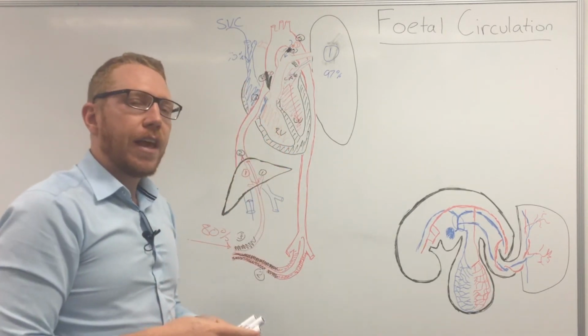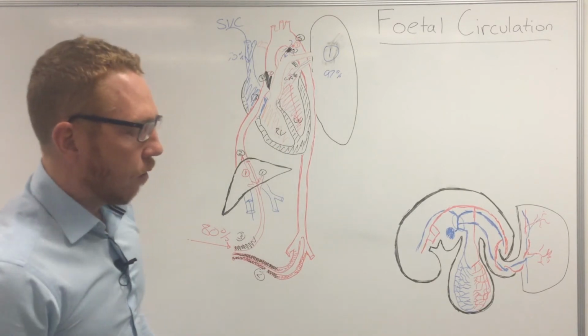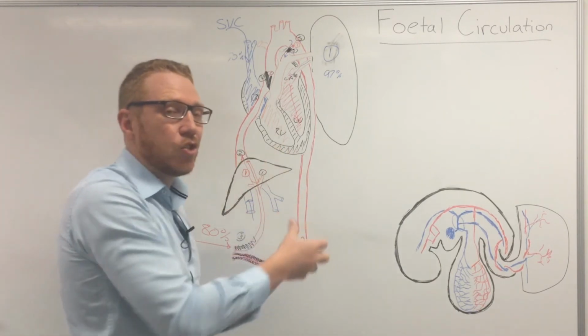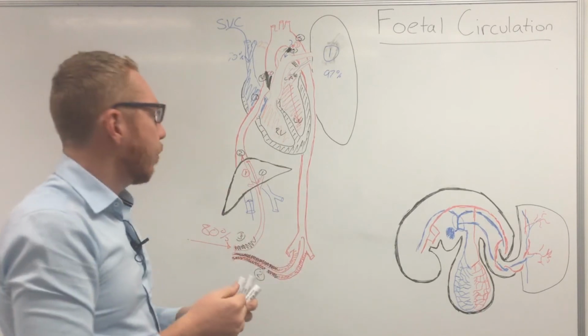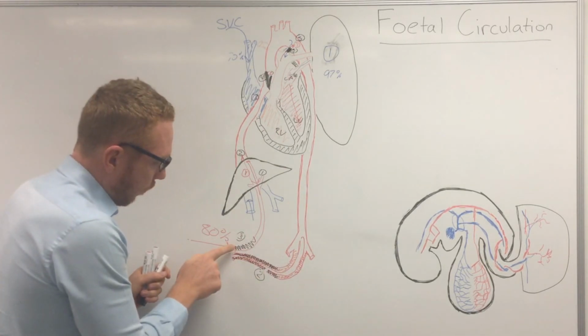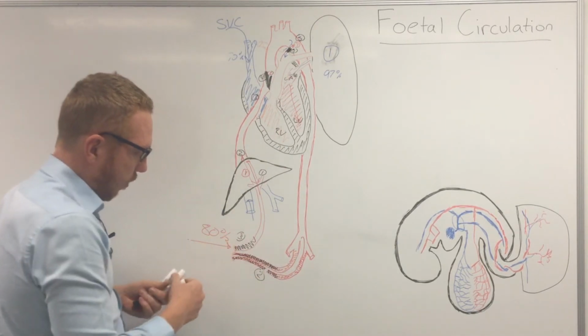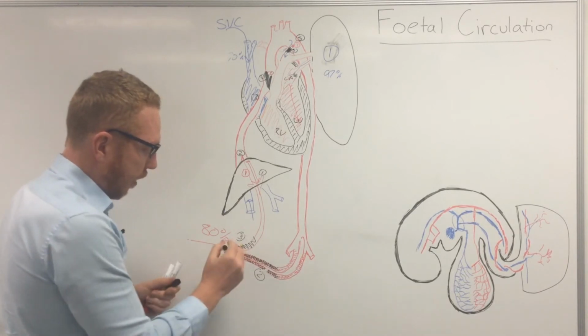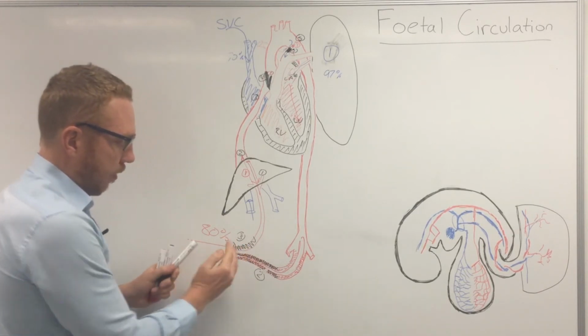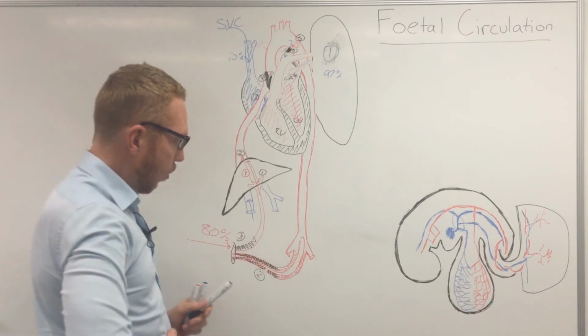Now, what happens to these structures in the adult body? Well, as we've seen at the umbilicus level, so this is going to be the umbilicus. Okay, so this is the front anterior wall.